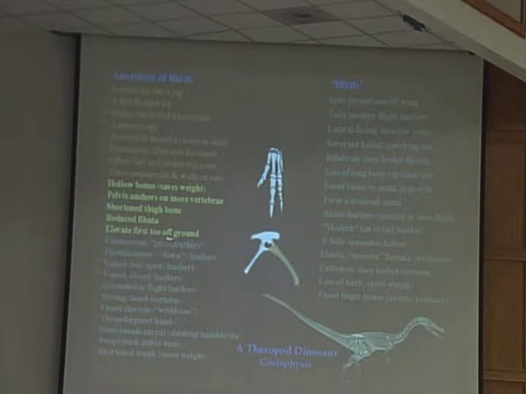A theropod dinosaur like Coelophysis. This had hollow bones, as birds do. A pelvis anchors on more vertebrae, as in birds. It has a tremendously shortened thigh bone right here. A reduced fibula, elevated first toe off the ground. We'll skip over that.